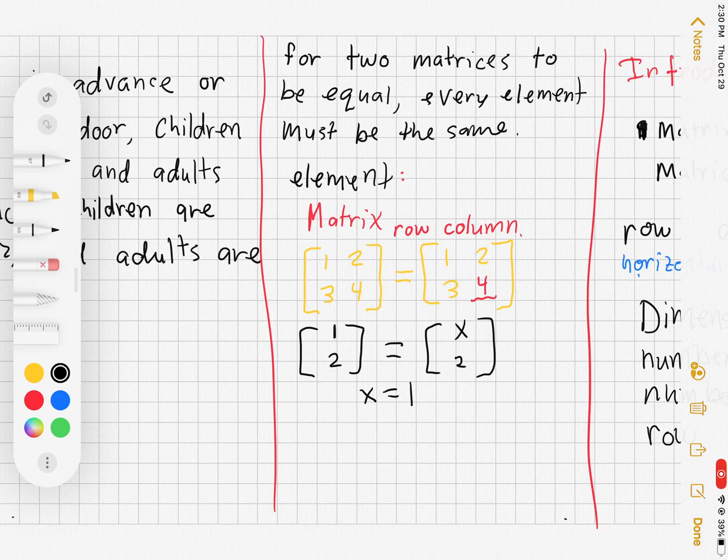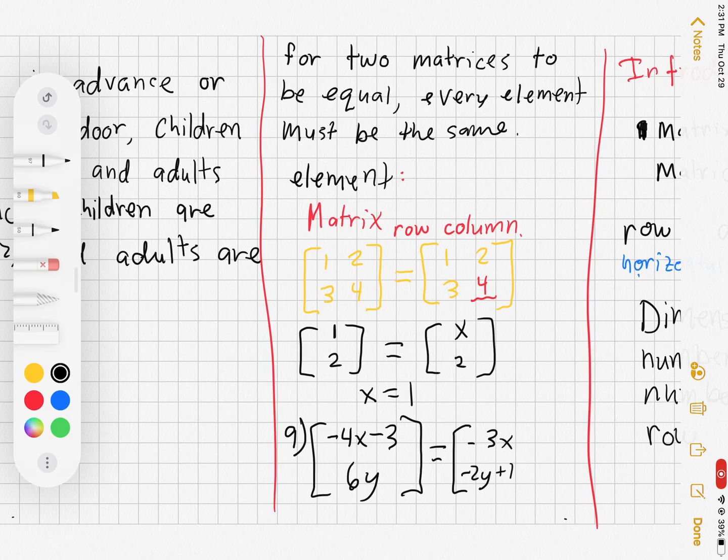Let's try an example problem from your homework. Let's look at number 9. Negative 4x minus 3 over 6y in a matrix equals negative 3x and negative 2y plus 16. We are to find x and y, the values of them.